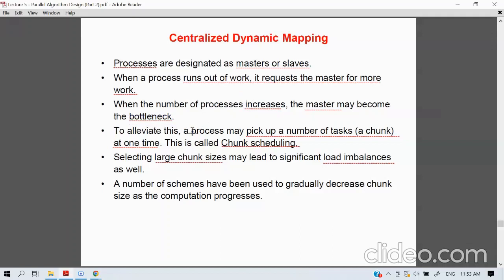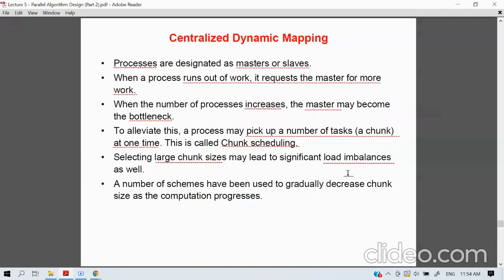To reduce this, a process may pick up a number of tasks. So they determine in an early stage how many tasks they want to pick up. This is called chunk scheduling. Selecting large chunk sizes may lead to significant load imbalance as well.